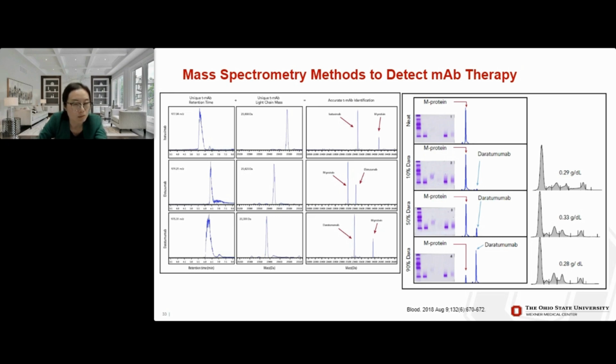Here we can see the three samples were indistinguishable by protein gel electrophoresis and immunofixation, including the reported M spike for all the samples. In contrast, the mass spec method could separate the signal from daratumumab from that of the M protein, providing a more accurate quantification result.